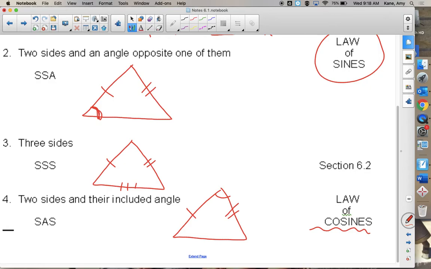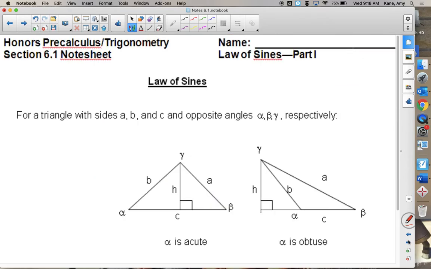So we are going to talk about sine today, and why it works, how it was created. We're going to do a tiny little proof. If you flip the page, there are two cute little diagrams drawn. Our goal is to find angles and sides to be able to solve for any part of a triangle.